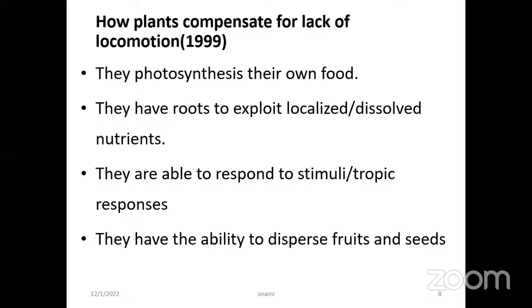Irritability is the ability of an organism to detect a change and respond to a stimulus effectively or appropriately. You detect that you're hungry, and then you respond by eating food. That's an internal stimulus.